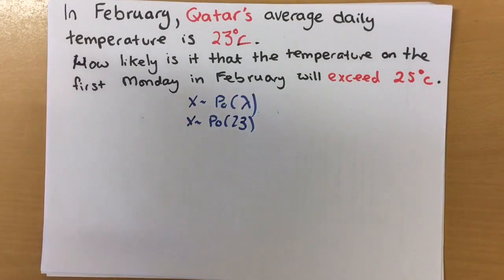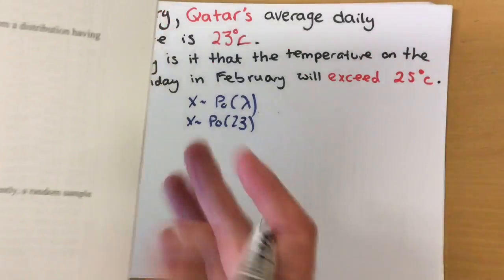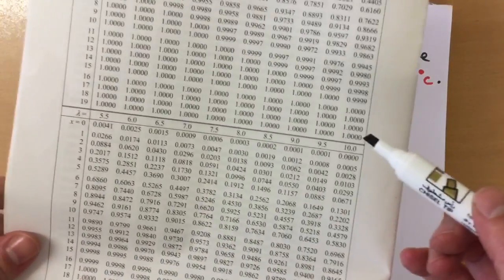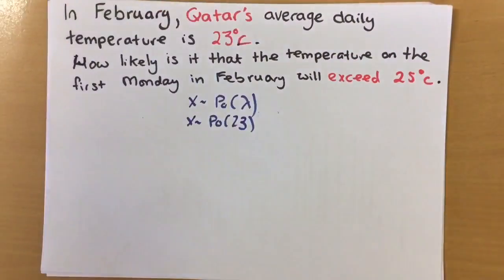And in our Poisson distribution tables, the ones you get given, these only go up to 10, not 23. So it might work for February in the UK, where it is probably about 5 degrees. That will work fine with that. But in Qatar, it's a little bit warmer, but a bit sunnier. Doesn't quite fit nicely onto our tables.